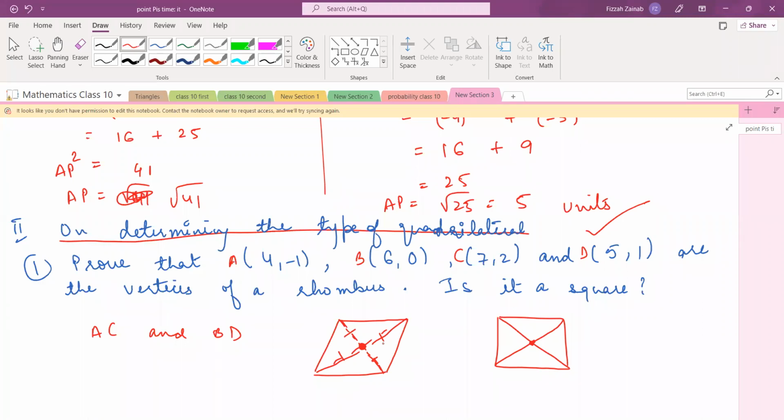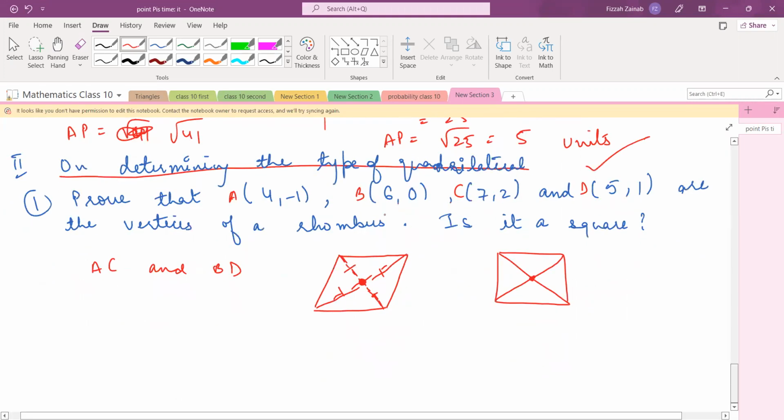Ma'am, then how will we prove it is a square again? Okay, so basically, Harsha, here you have to do both things. Actually, there's a process. First of all, you show that it is a parallelogram, right? Yes, ma'am. Okay, so a parallelogram you can show by this method, by the section formula.